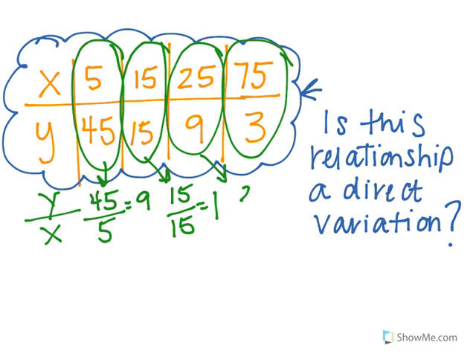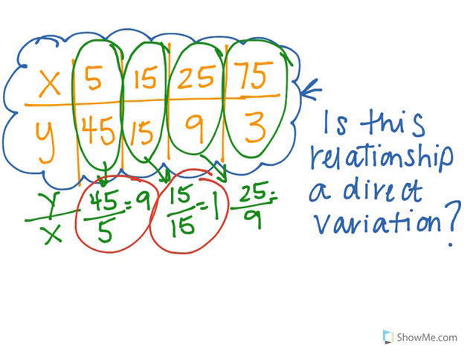And the third one is 25 over 9, which is going to give us an improper fraction. So we can already tell by looking at these ratios that they're not constant. So if they are not constant, when it asks, is this relationship a direct variation, we would say no.